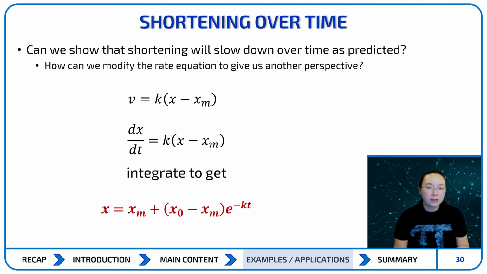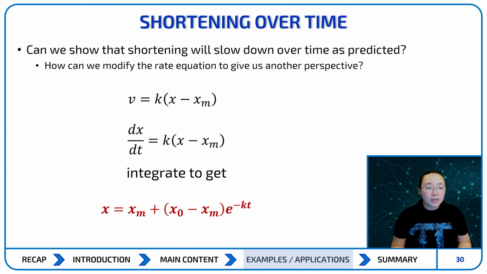So what Hill did was he looked at all of the experimental observations that did show that over time, the rate of contraction decreased. So that means that shortening will slow down over time.